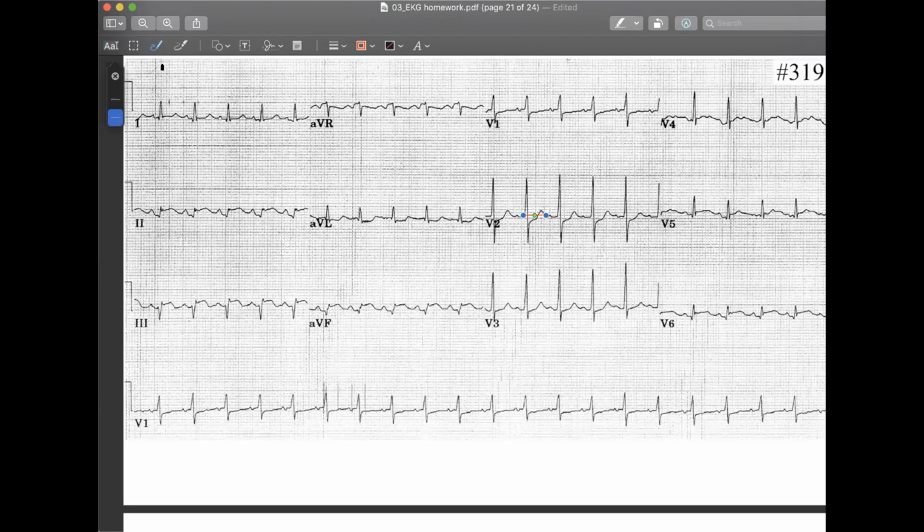If you compare the PR interval to the ST segment, you see it's about 1 millimeter down. So this is why you can say that there is ST elevation on the back. That could mean that this patient could have an infero-posterior MI.